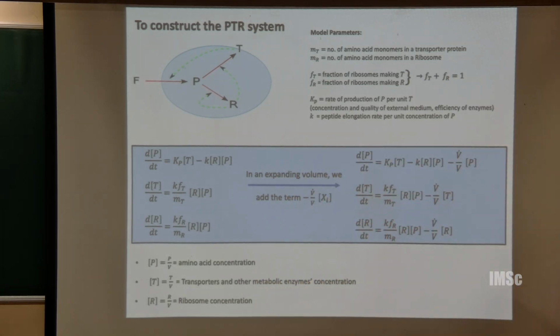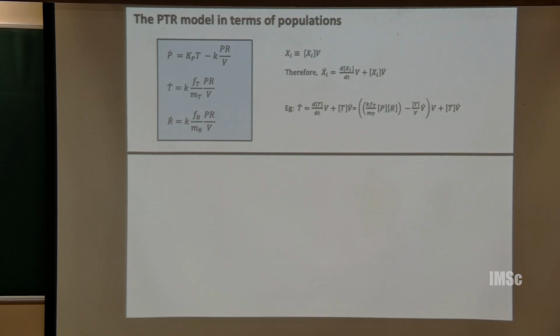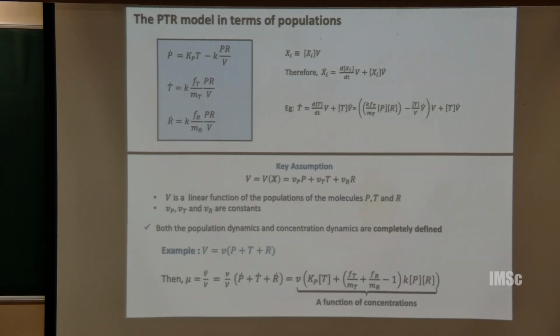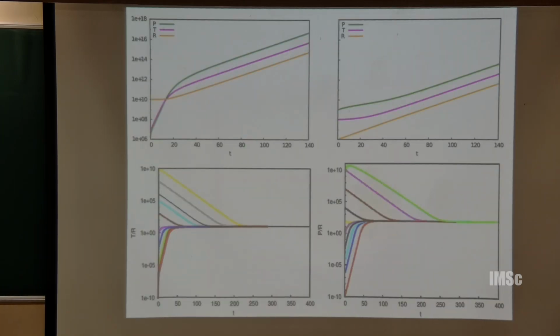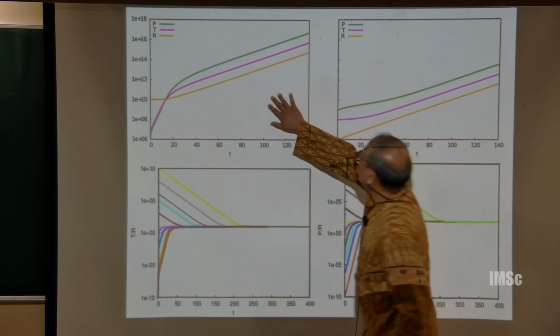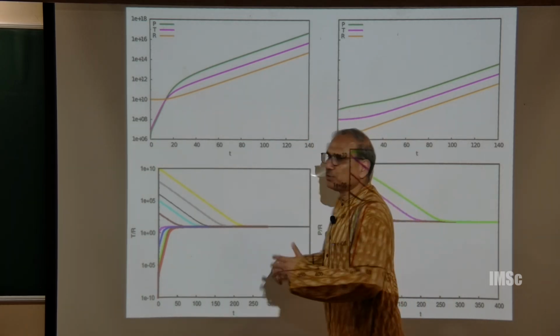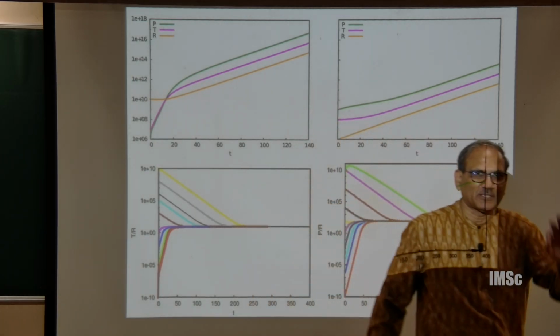Now, we then simulated this model with these assumptions. Now you can give it to the computer and simulate. For some values of parameters, we simulated the population. So let's look at these two curves. These are with two different initial conditions, but the same parameter values.